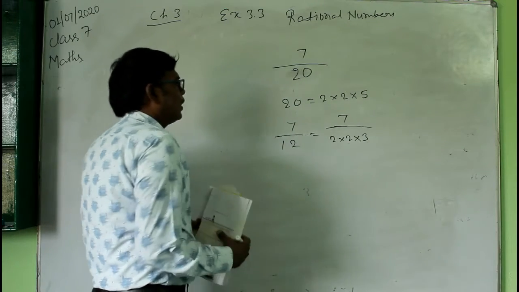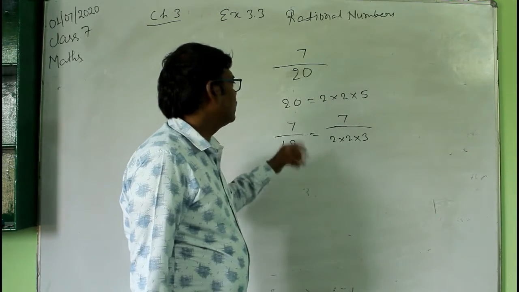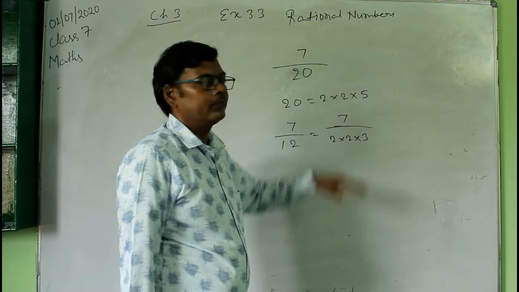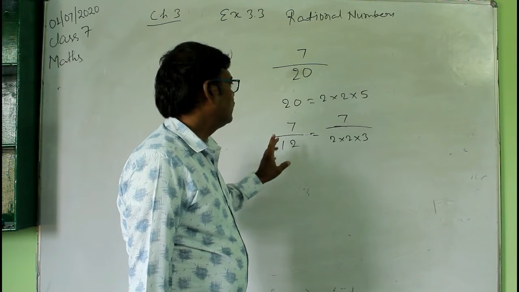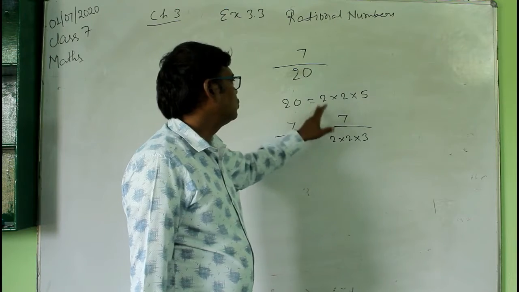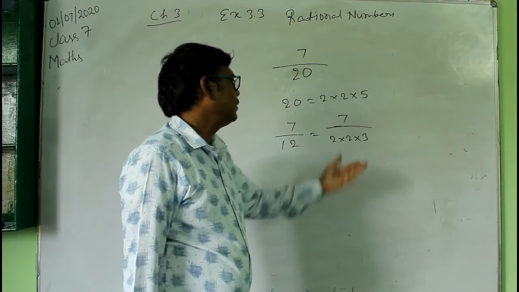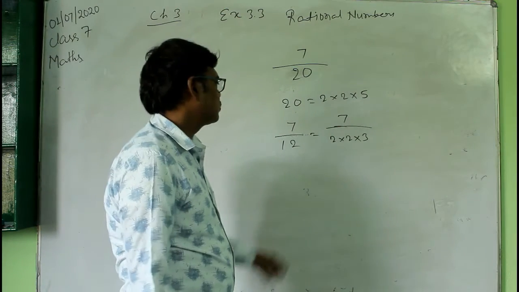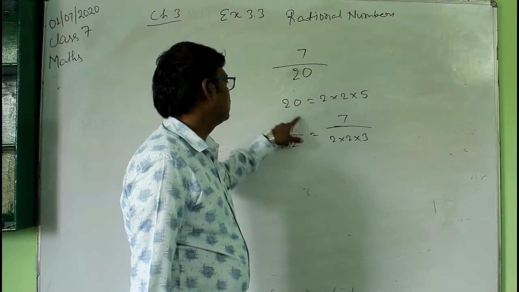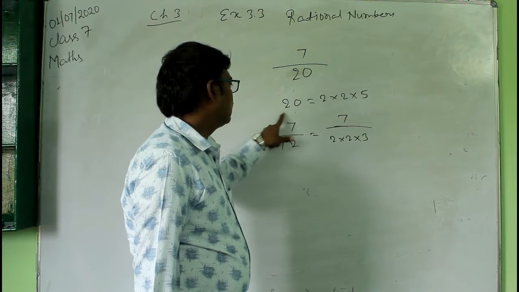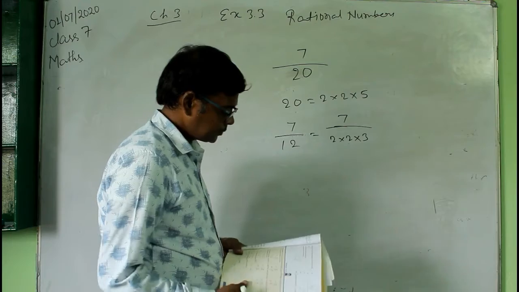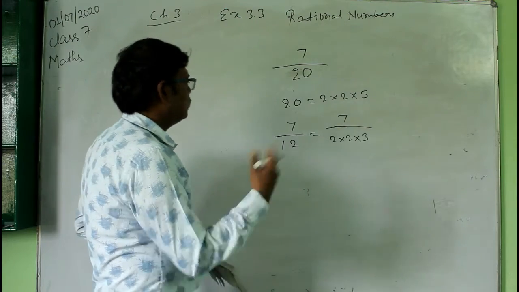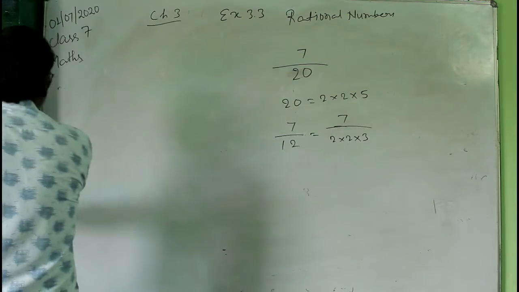So if in the denominator you have digits other than 2 or 5, then it will be non-terminating. Here it is 3. That is why this rational number will be a non-terminating rational number. So keep in mind, and then you can find the answer of these questions.